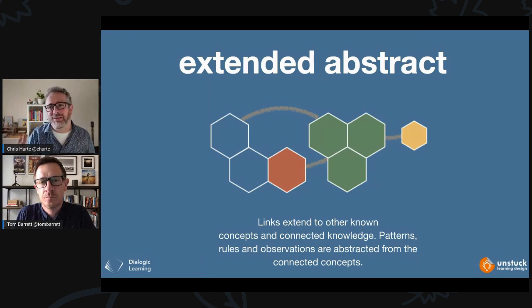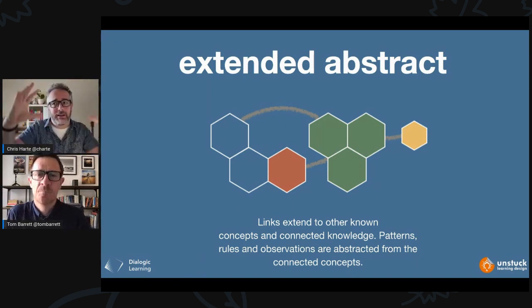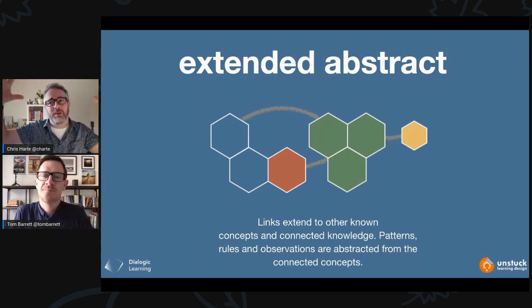This is where we get into trying to visualize this: these concepts never exist on their own. They're always connected to other bigger concepts, and the more you connect this concept to that concept, it becomes part of a bigger concept, and that bigger concept connects to another concept, and another concept becomes part of a bigger concept.